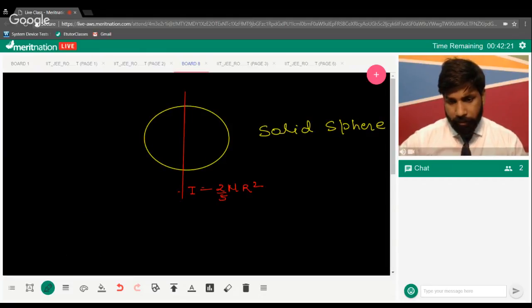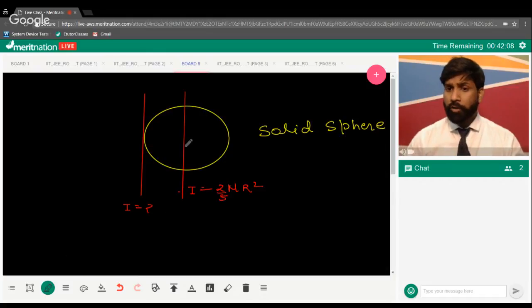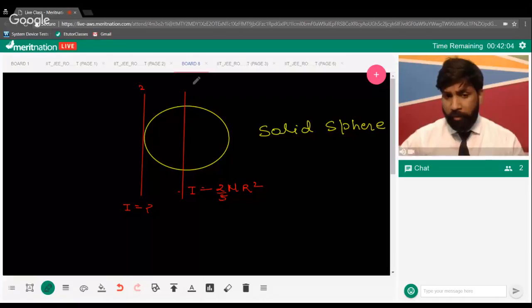So if I ask you, find out the moment of inertia of this solid sphere about this axis. Can you tell me the moment of inertia of this solid sphere about this second axis? We know that the moment of inertia of this solid sphere about this first axis is 2 by 5 mr square.